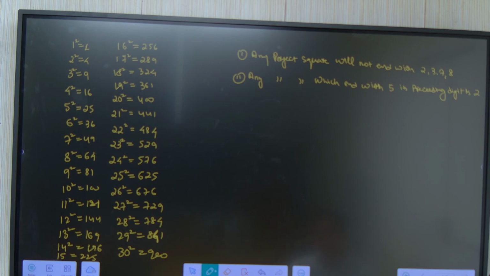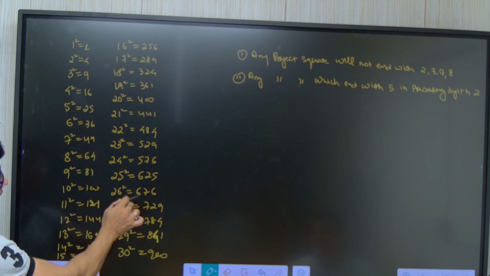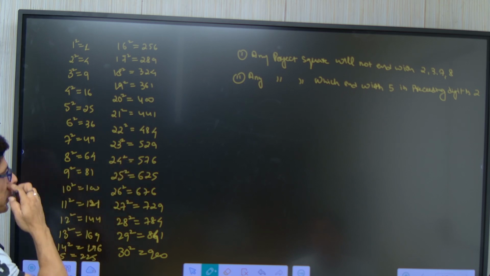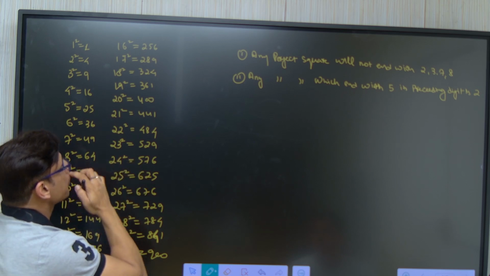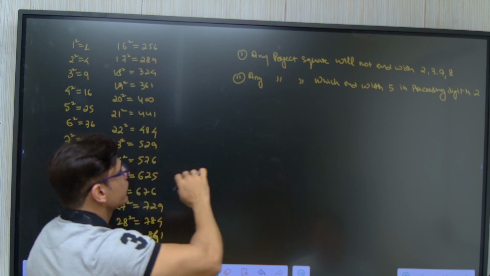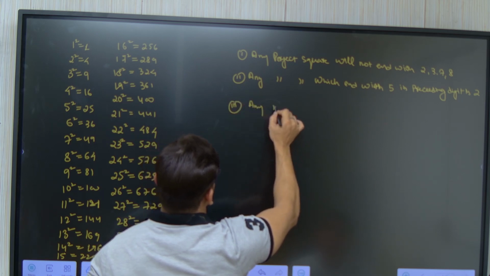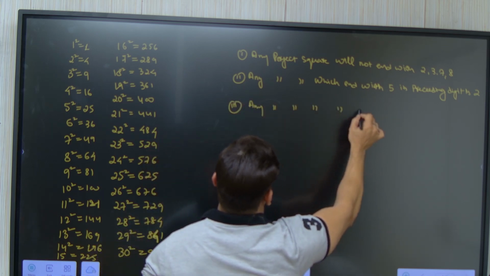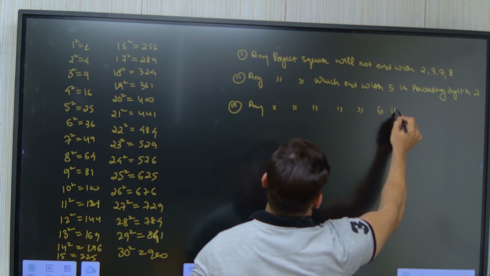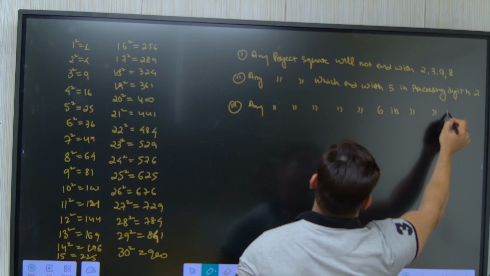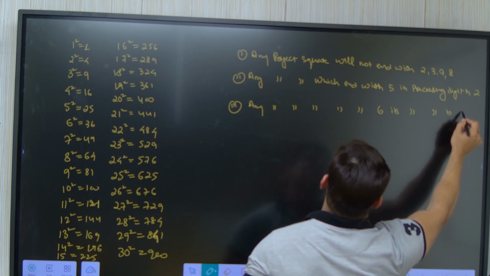Now look at all the perfect squares which are ending with 6. Look at the preceding digit. We have 6, 3, 6, 9, 6, 7, 6, 7, 6, 5. So one thing is for sure, that if any perfect square ends with 6, its preceding digit is odd.